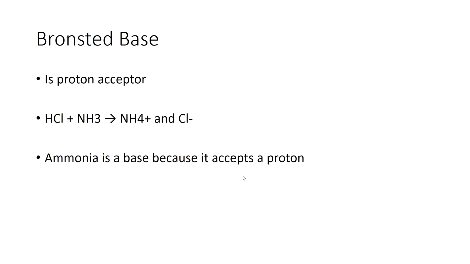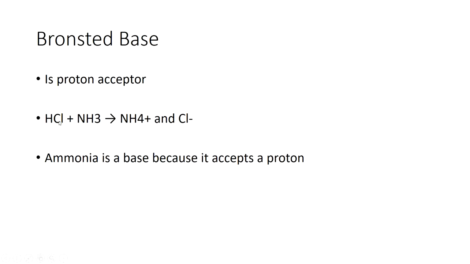So again, when we look at this equation here, we have our hydrochloric acid reacting with ammonia, HCl reacting with NH3. The proton will be transferred to ammonia, and then we are going to have NH4, and that salt will be produced, right?